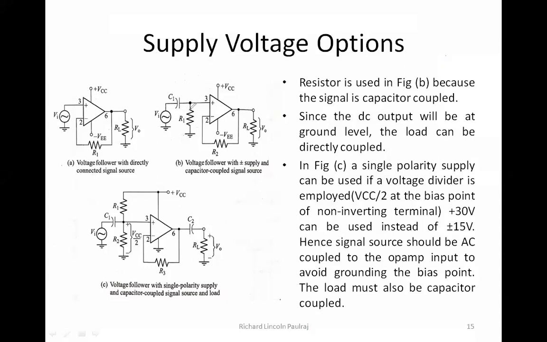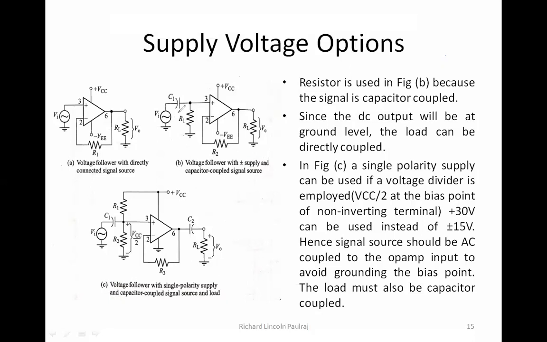Then this is my input, the resistor across my input terminal. As usual, I'm giving a negative feedback from terminal 2 to 6, and my output voltage will be across RL, with plus VCC and minus VEE. So this voltage follower can be given with plus or minus supply, and the capacitor coupled signal source.